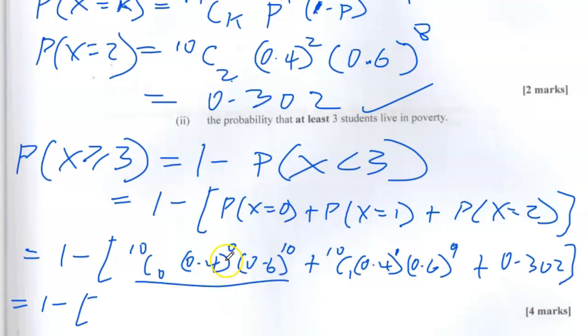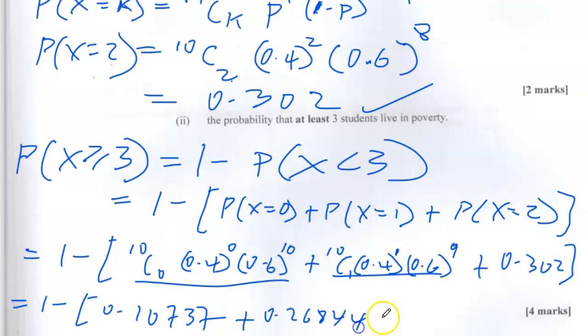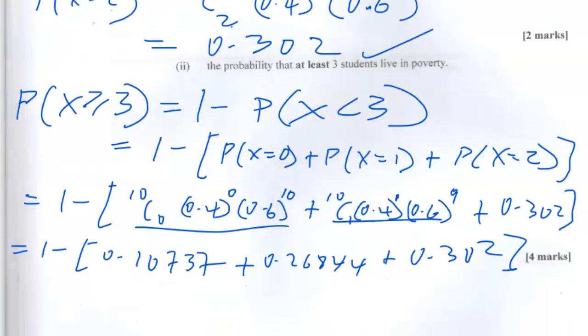We end up with 0.10737 plus 0.26844, and we had already found 0.02. Maybe I should have used more decimal places, but anyhow. And then 1 minus everything in the bracket should be 0.6778 or thereabout. So the final answer should be 0.322.